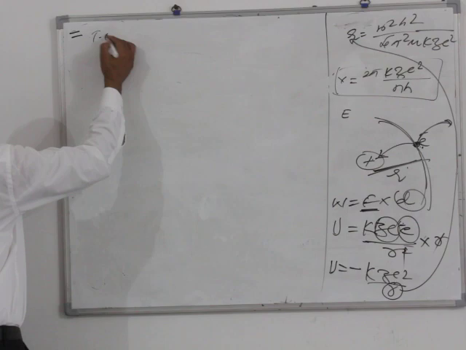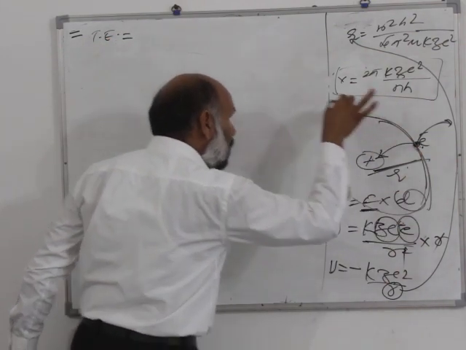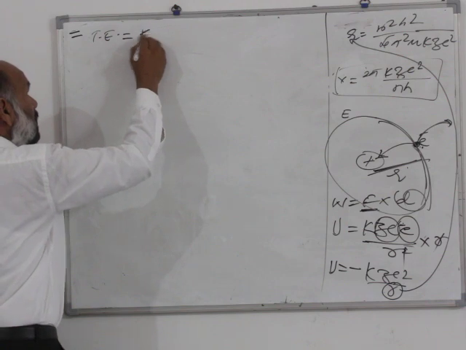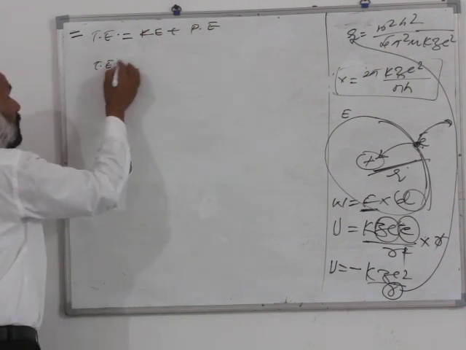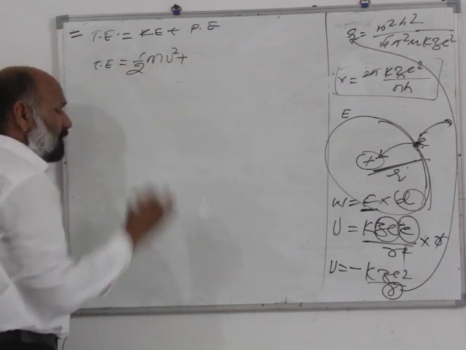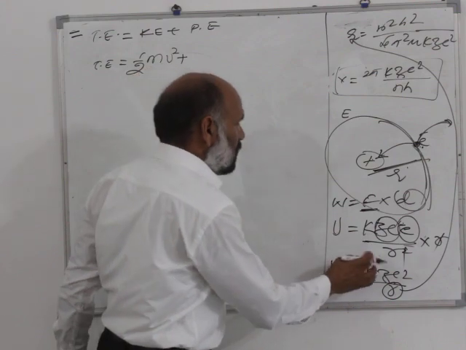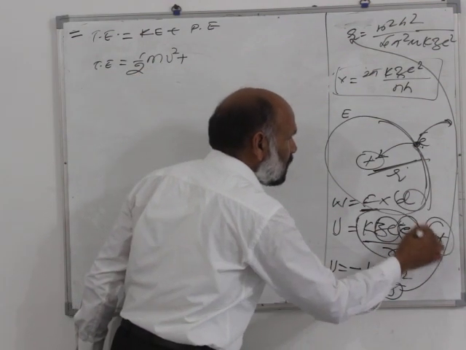Okay, so total energy possessed by an electron while revolving in an orbit is kinetic energy plus potential energy. So total energy equals half mv square plus potential energy, which is k q1 q2 upon r square, force into distance, displacement.